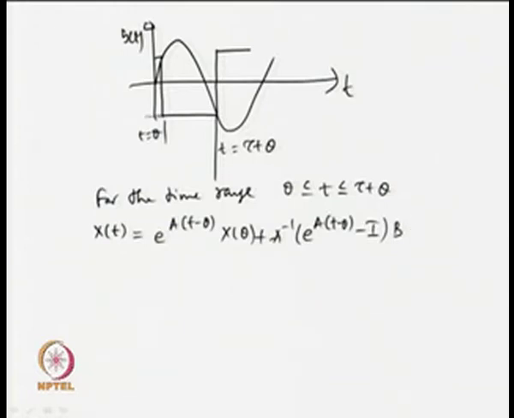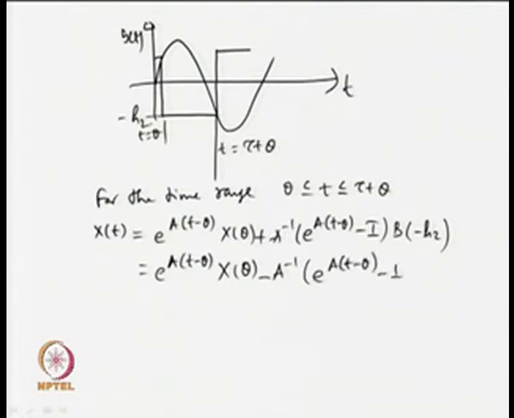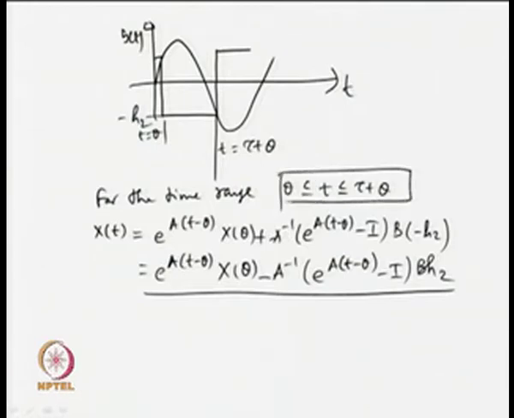The input at this time is minus h2. Therefore, we will have minus h2 over here. Upon simplification, this gives us the expression e^{A(t - θ)} x(θ) minus A^{-1} (e^{A(t - θ)} - I) B h2. So, this is what you get for the state variable for the second time range, for t between θ and τ + θ.